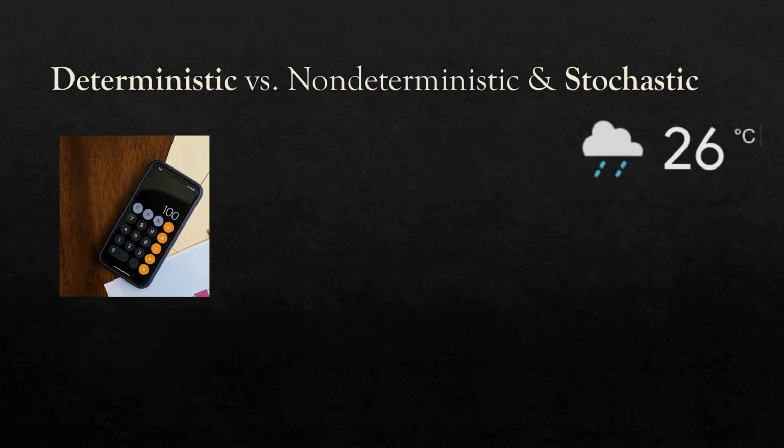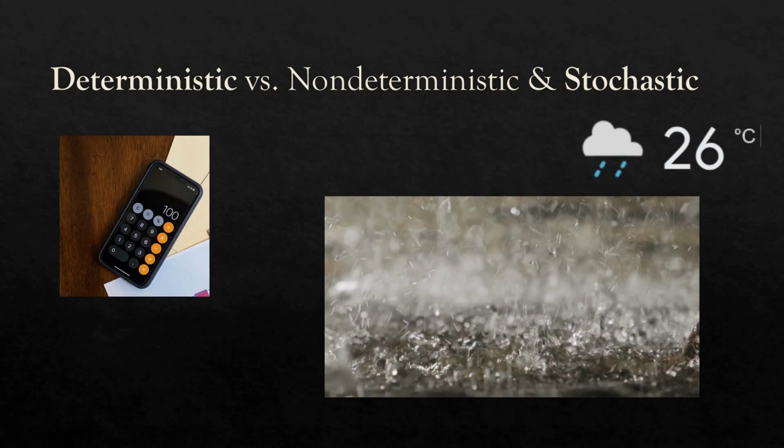There's a possibility, but we don't know the probability of it, so that's non-deterministic. But when we know the probability, that's when we call it stochastic. For example, if there's a 25% chance of rain tomorrow, that means it's a stochastic environment.